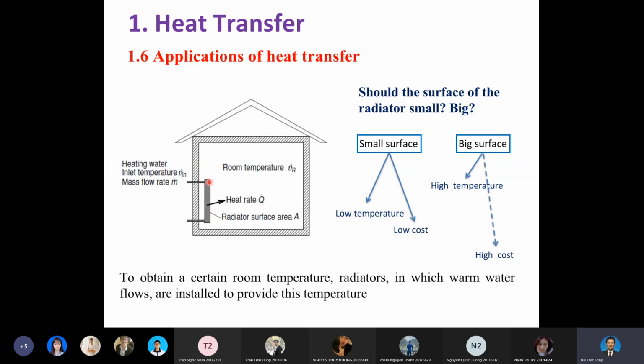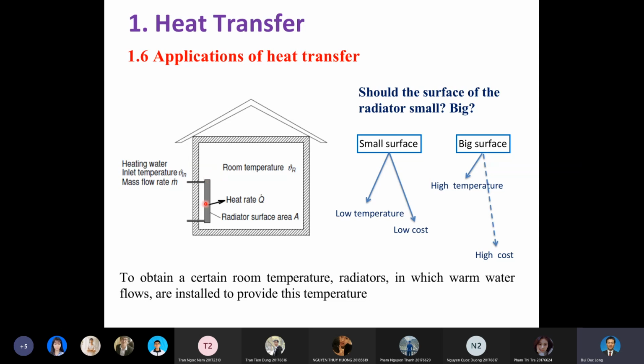This kind of radiator is common especially in Europe, especially in some very cold countries, for example the Nordic countries: Sweden, Norway, or Denmark. Usually in the winter time they use radiators to heat the house and make it warm. I have already experienced this kind of radiator in Sweden in the winter time.